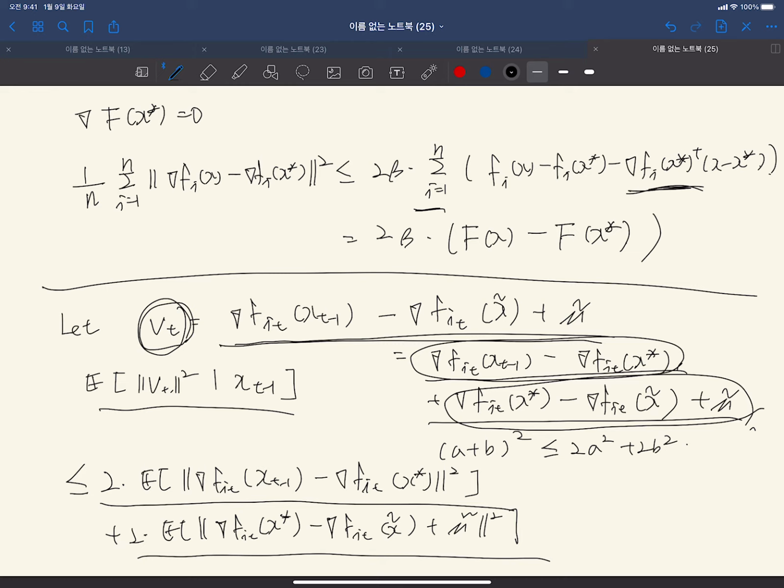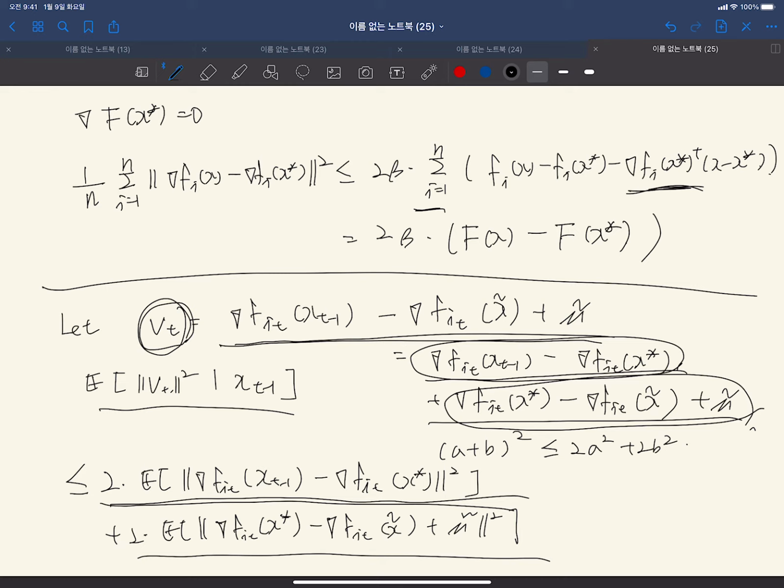Okay, and we know something about the expectation of the gradient of fit xt minus 1 minus the gradient of fit x star, norm square.